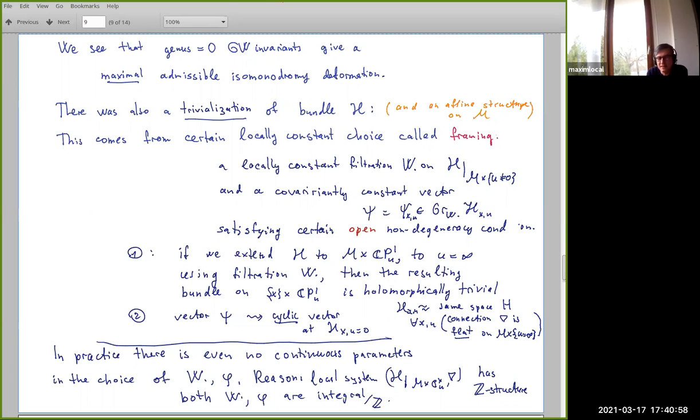And we want the condition that it will be a cyclic vector for the action of my algebra on this module, a rank 1 module. This vector could be even or not. So these are certain choices. It depends on finitely many parameters: you choose this filtration and a vector. But in fact, in practice, there's really no continuous parameter. It's a discrete choice. Because what goes on in practice, this local system has a certain Z structure, which I don't want to talk about at all.